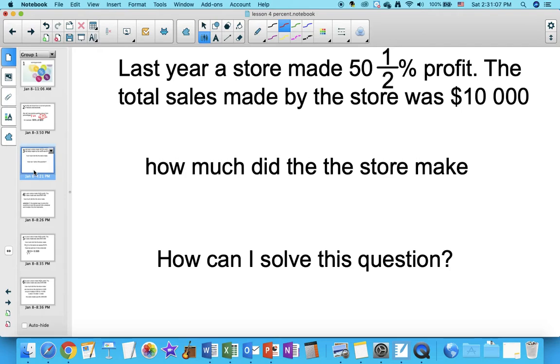Here's an example. Last year, a store made 50.5% profit. The total sales made by the store was $10,000. How much profit did the store make? How can I solve this question? Well, I have 50.5% profit.